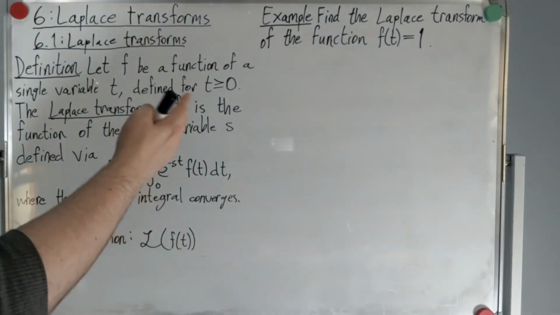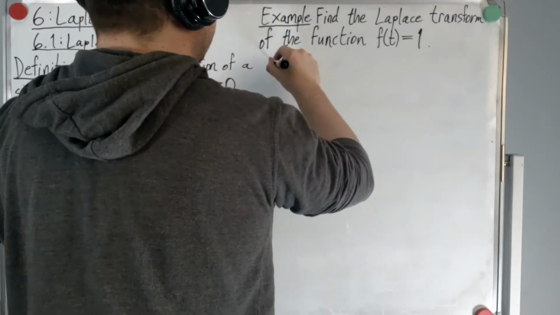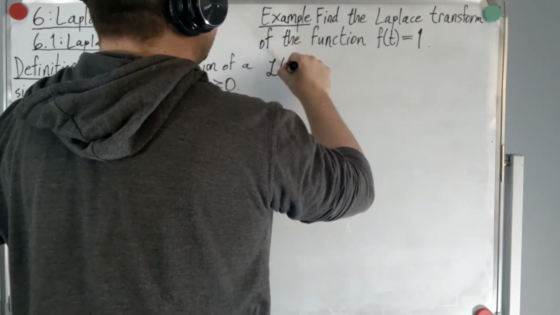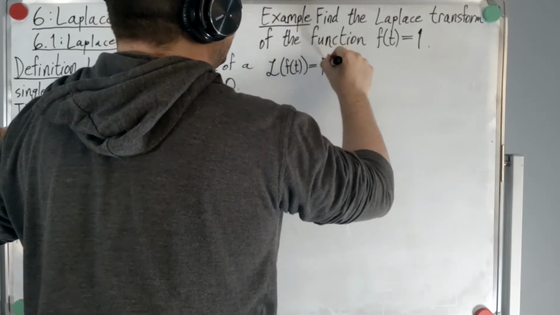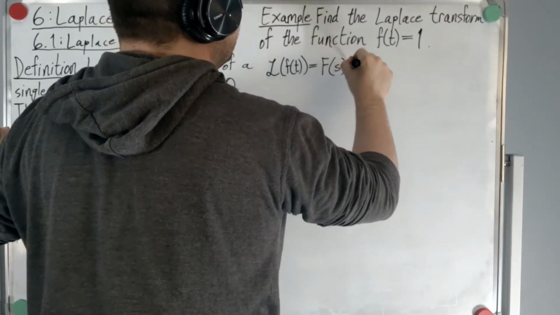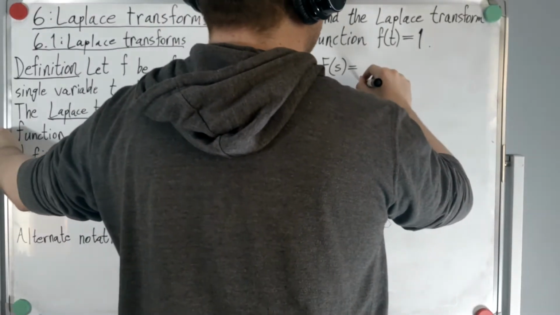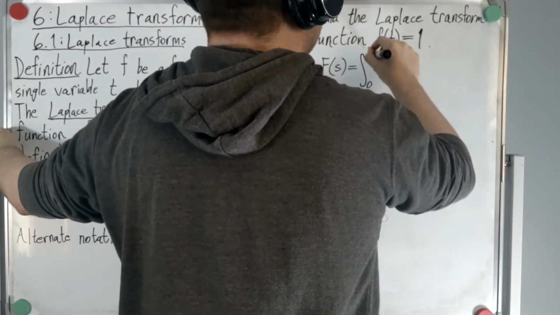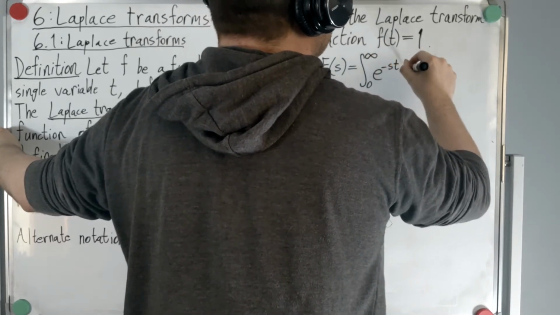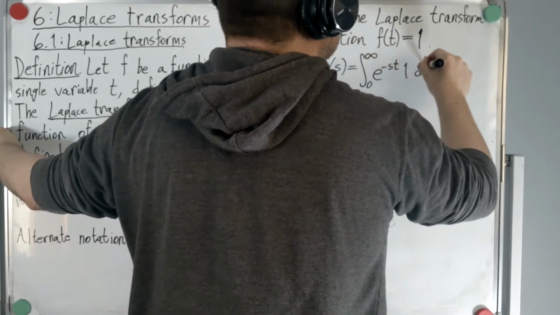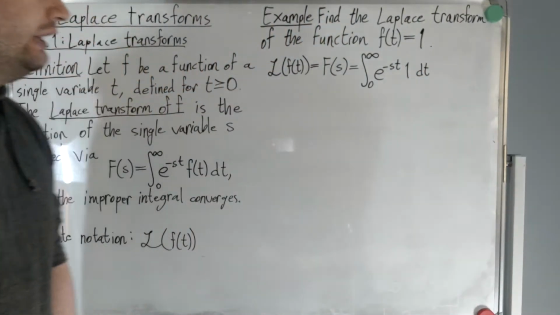If the function is f of t equals 1, then the Laplace transform of f of t, which we're going to call capital F of s, as I said, is going to be equal to the integral from 0 to infinity of e to the negative st times 1 dt. Okay?